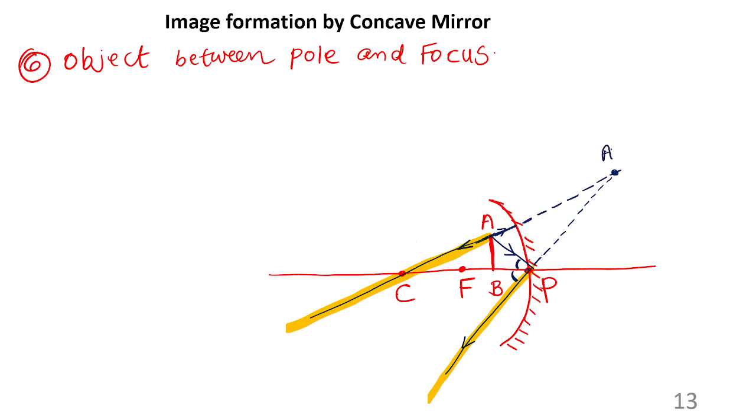So this will be A dash, the image of A. Why is the image position A dash? I will tell you. Suppose this is my eye, and I am watching. When I watch, I can see that two rays are coming like this. When I watch this, I feel that two rays are coming towards my eye.